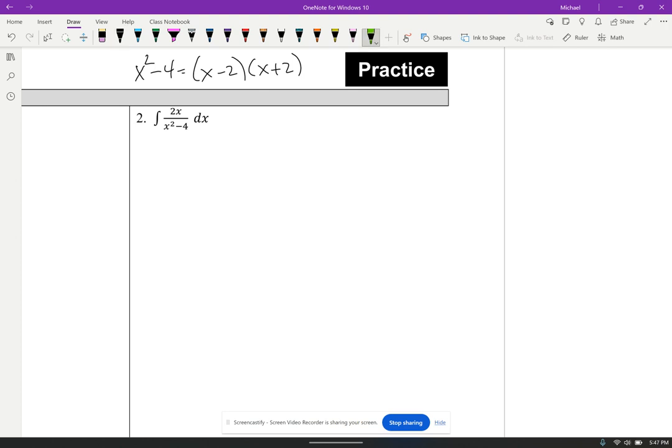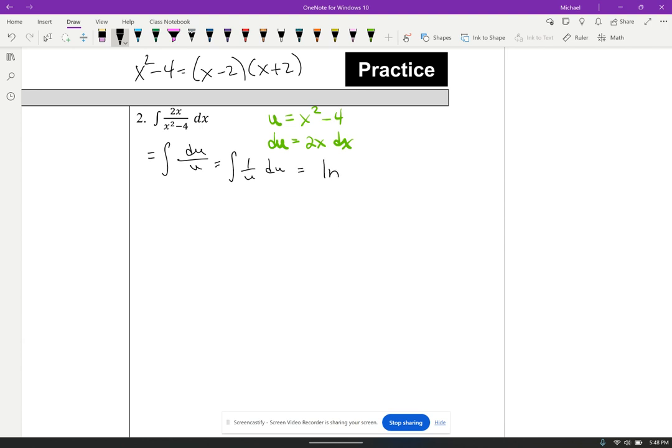However, you should also notice that if I set my denominator equal to u, then du would be the derivative of this, which is 2x dx. And that's exactly what I have. So I could just rewrite this as 2x dx, that's du, over x squared minus 4, which we said was u, and I have the natural log antiderivative, right?